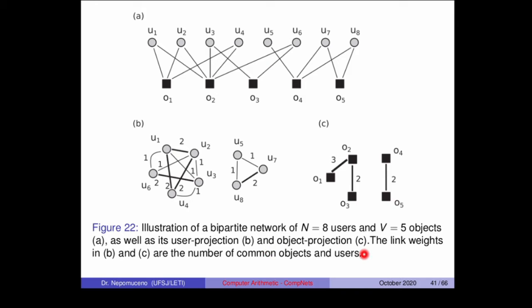In the user projection, the link weights in B and C are the number of common objects between the users. So here you have the 8 users, and here 5 objects. In this way you can have some relationship between the users and objects. Of course, you can also have some association between the users, and some connections between the objects as well.